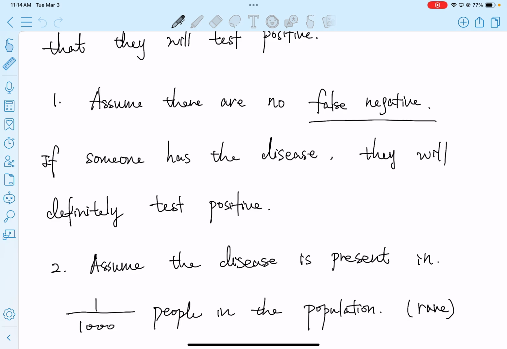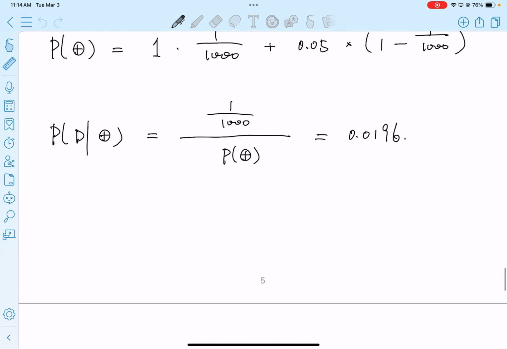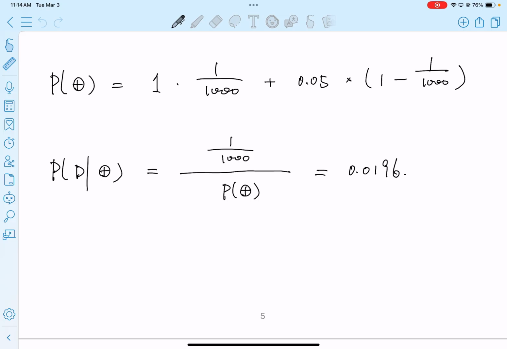But now I'm asking whether you really have the disease or not, and it can be very, very small. So even if the doctor invented the most powerful tool, 100% when you have the disease and you test positive, the probability of having the disease once you know your result is positive can still be very small.